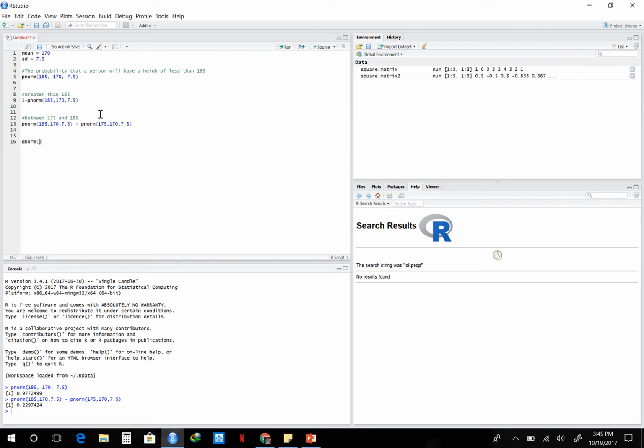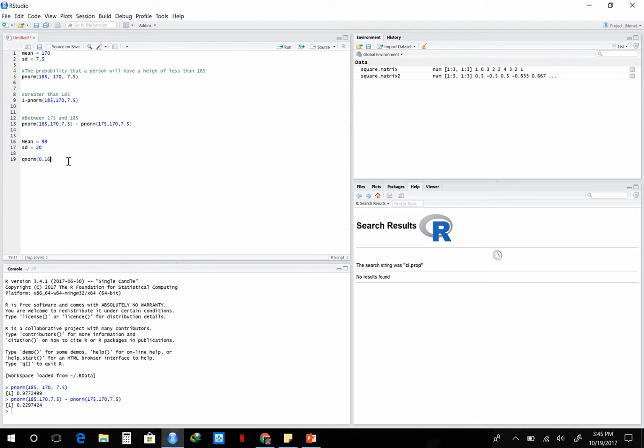So for instance, this is kind of like your homework question, but if we had a cholesterol level with a mean of 99 and a standard deviation of 20, and we want to find the value representing the 16th percentile, what we do in this problem is q-norm and then the percentile in decimal form.